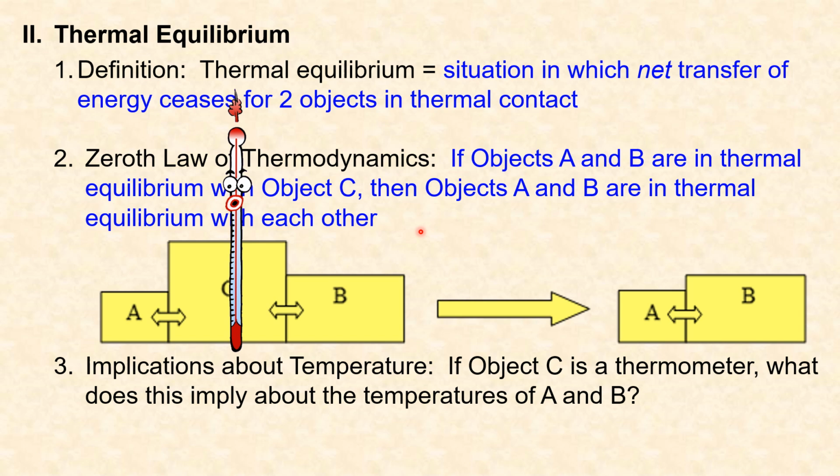Well, this would imply that if these two objects are in thermal equilibrium with a third object, which we now call a thermometer, according to the zeroth law, they must be in thermal equilibrium with each other. This would imply that these two objects, A and B, must be at the same temperature.